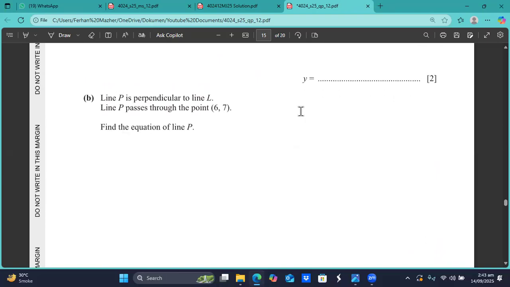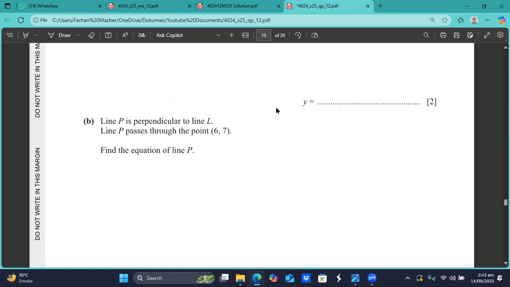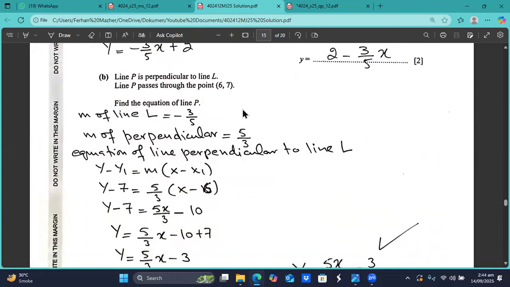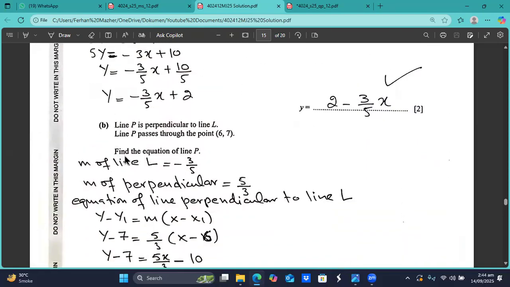Okay, I know you know the line L. The gradient of the line L is the coefficient of x, minus 3 by 5. The gradient of the perpendicular to the line L will be the reciprocal of this with the sign changed, 5 by 3.